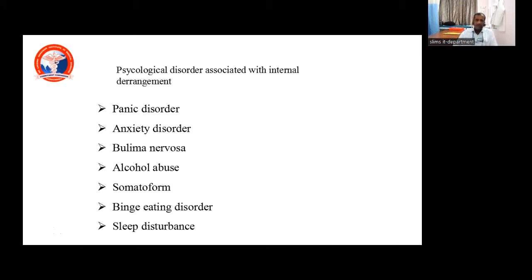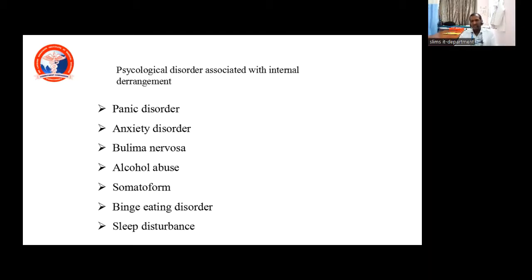And it is also associated with psychological disorder. It can be a panic disorder, a patient with an anxiety disorder, or alcohol abuse, binge eating disorder.